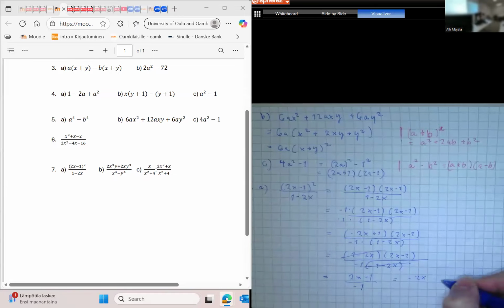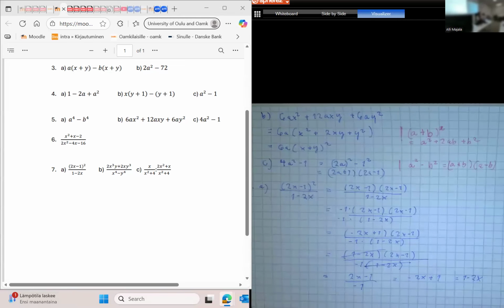Yeah. And this +1. Yes. Or 1 minus 2x. Because I can put them into another order. Yes? Yeah. This is this kind of mathematical tricks.